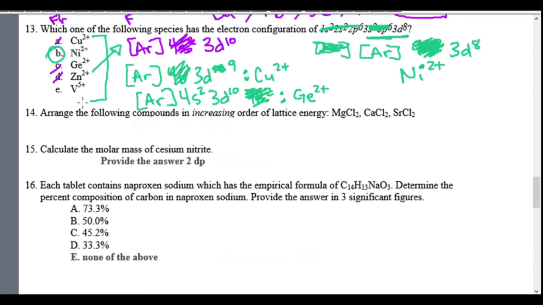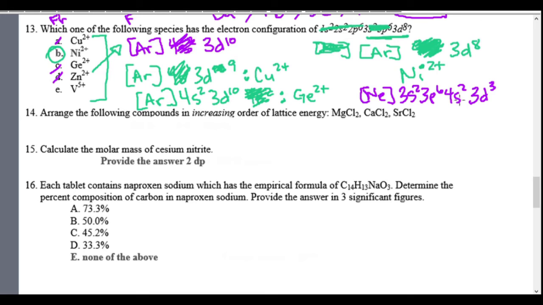For vanadium 5+. So vanadium is going to look, let's go back to neon, 3s2, 3p6, 4s2, 3d3.